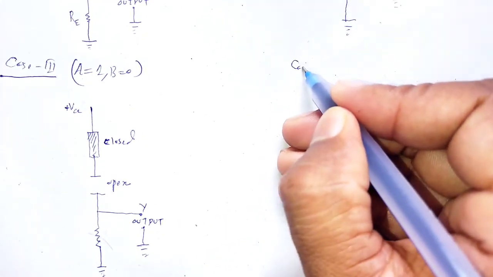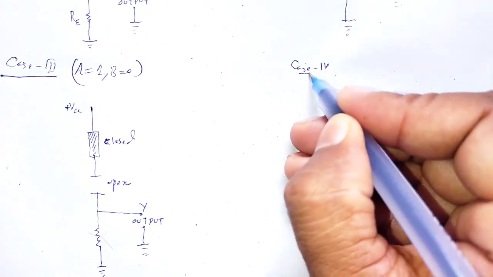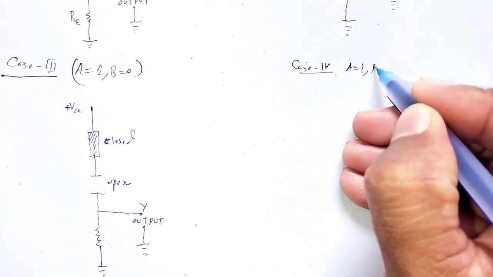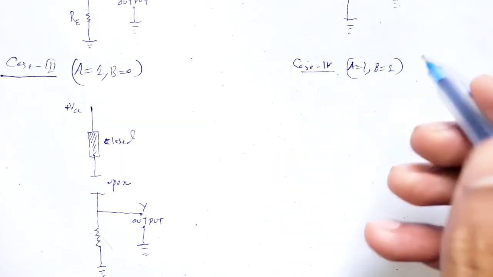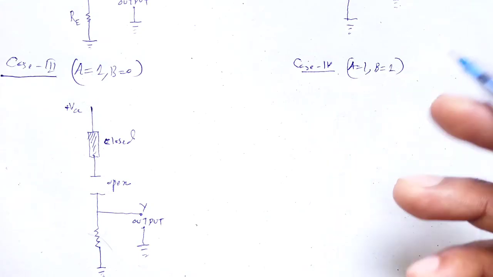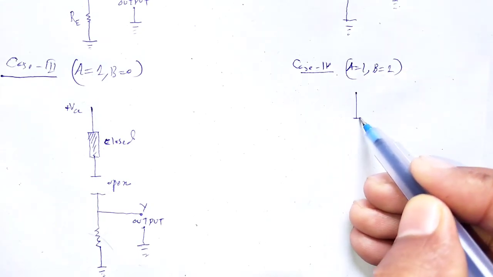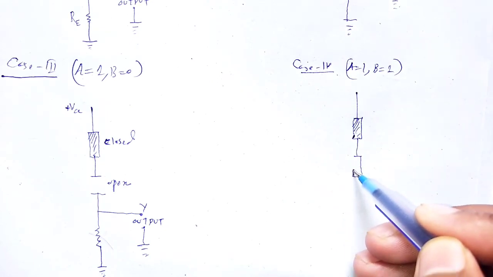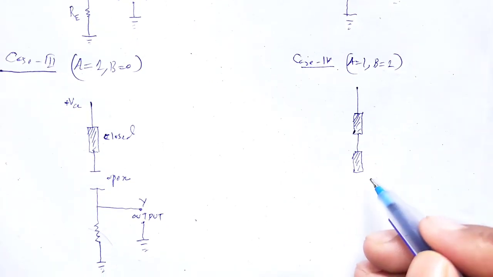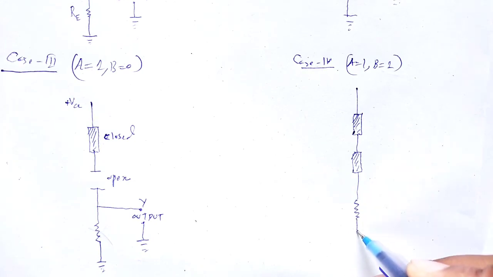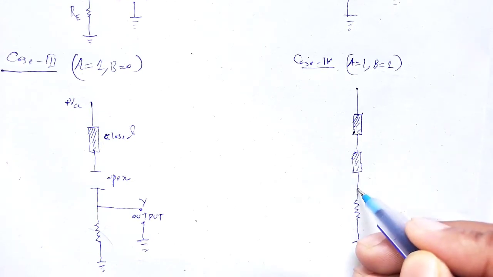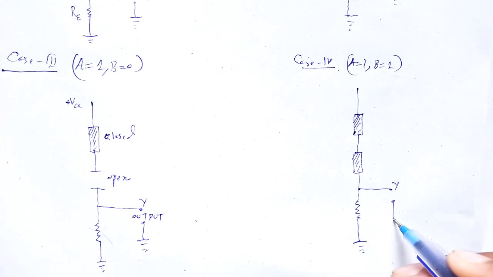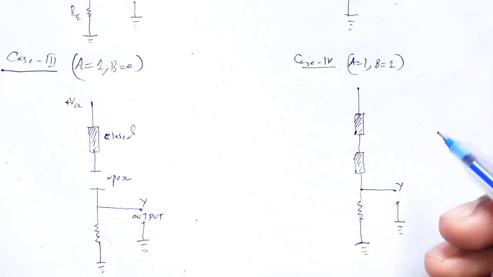Case number 4, when A is equal to 1 and B is equal to 1, means transistor 1 and transistor 2 both are closed. It is closed, again it is closed. Therefore, at output Y we have 1.